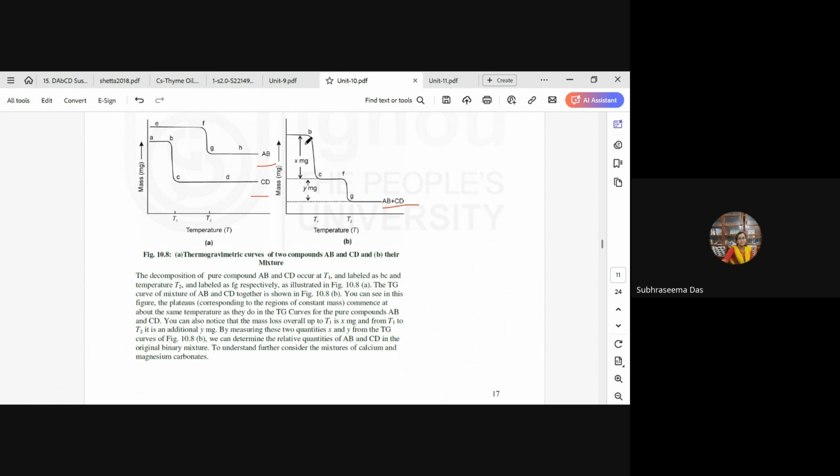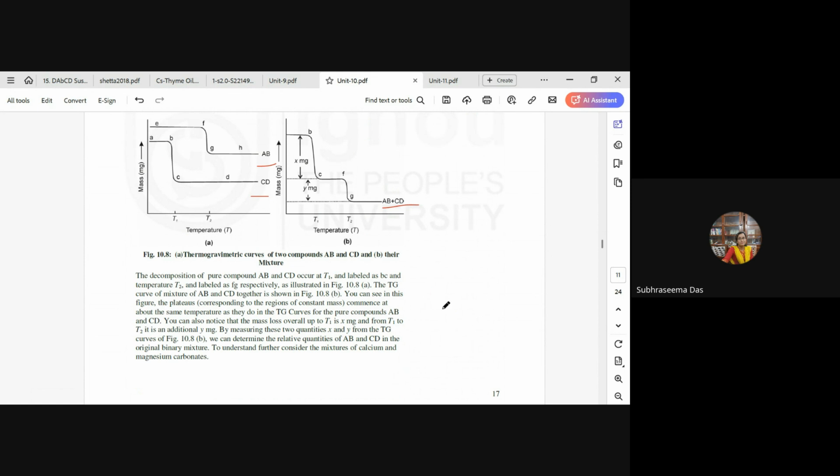If we look into this, the plateaus begin at the same temperature as they start in the individual AB and CD. So in the mixture, where AB starts decomposing, it also starts decomposing here, and where CD starts decomposing, in the mixture it also starts decomposing at that temperature.